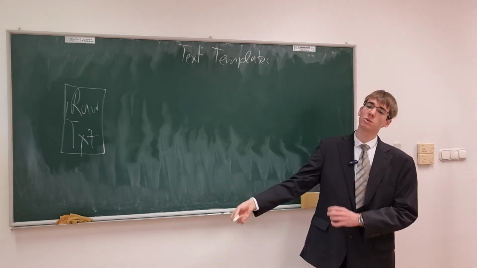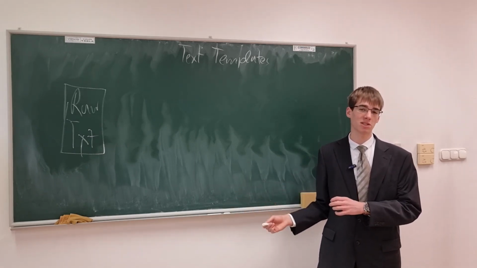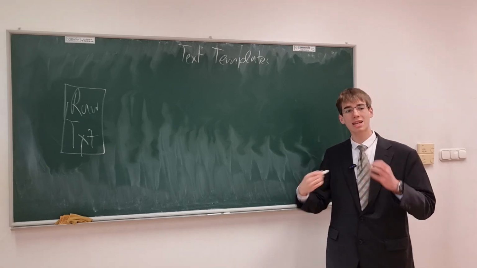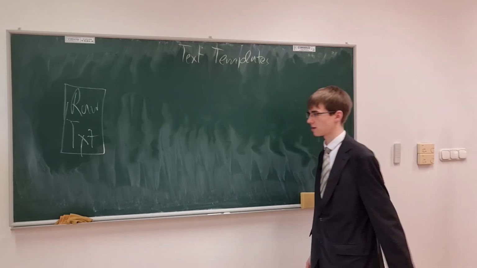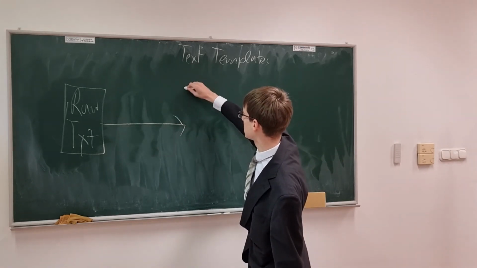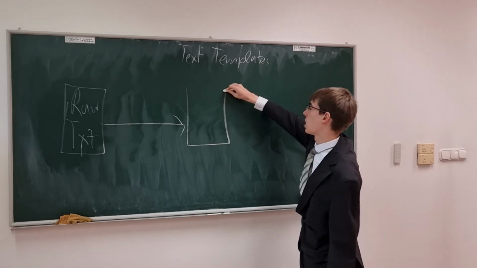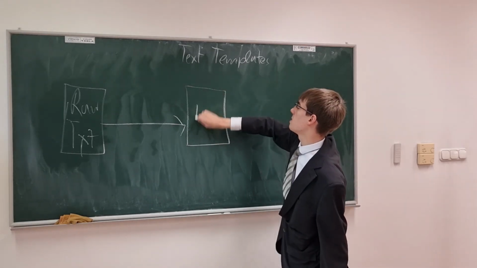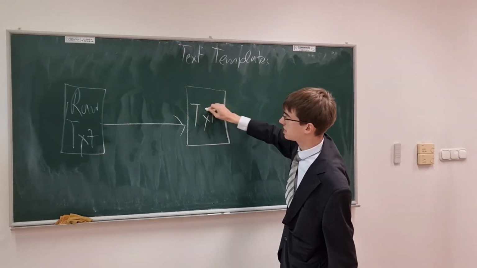Because the closer we can get to the environment it was trained in, the more likely it is to produce better answers for us. So this text is converted into some more familiar text, but it's text to text.